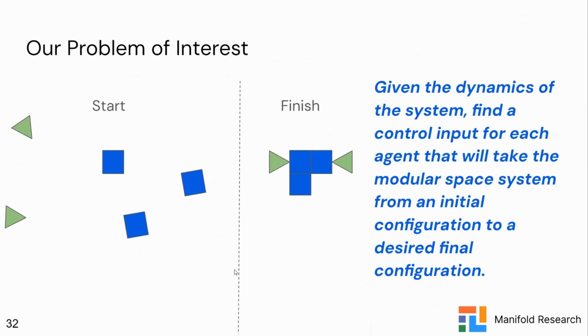That's going to involve the development of the algorithm itself, but it also will involve some physics work because we'll have to derive the dynamics of these modular structures. You can imagine that the dynamics will change as the structures get connected to each other. And all of this is to basically take a modular space structure from an initial state to a desired final state.